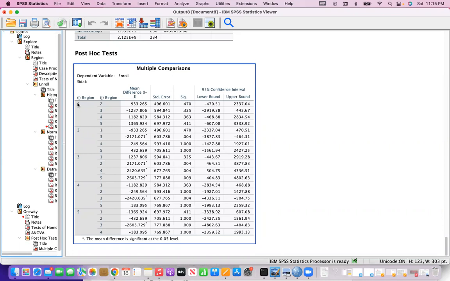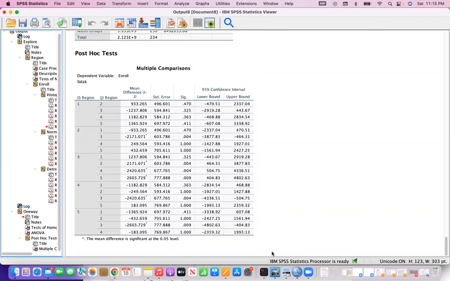So we're comparing region 1 to regions 2 and 5. So we'll look at region 1 versus region 2. Come over to the significance. Notice that the significance for region 1 versus region 2, I'm going to circle that real quickly, is not less than 0.05.